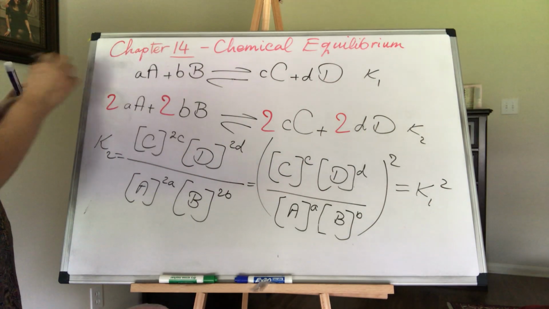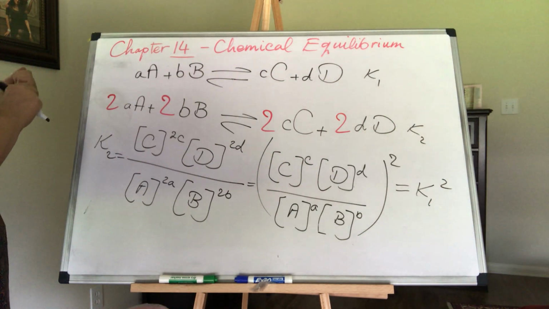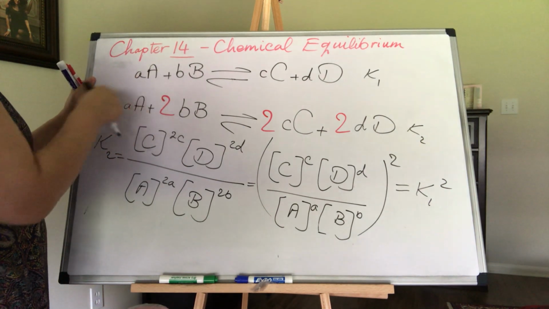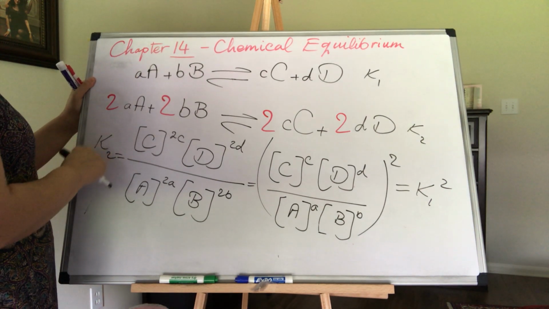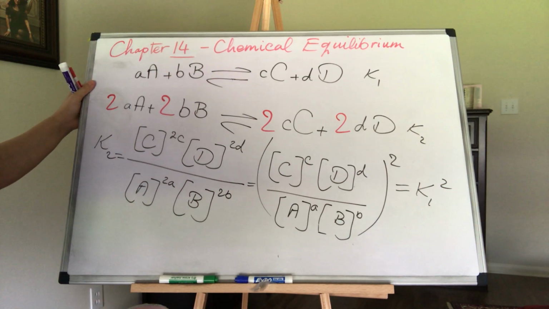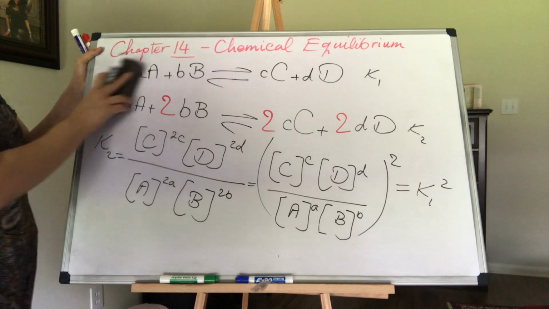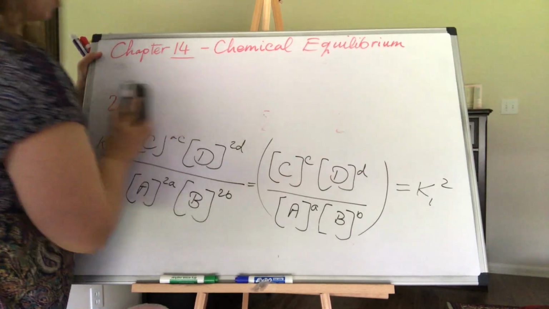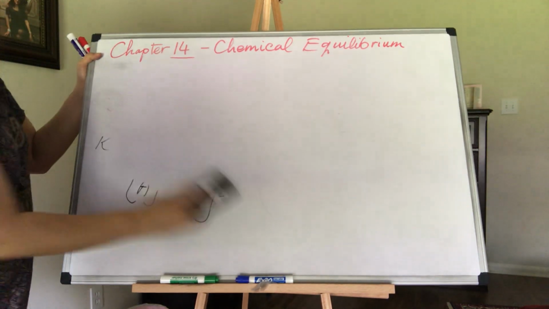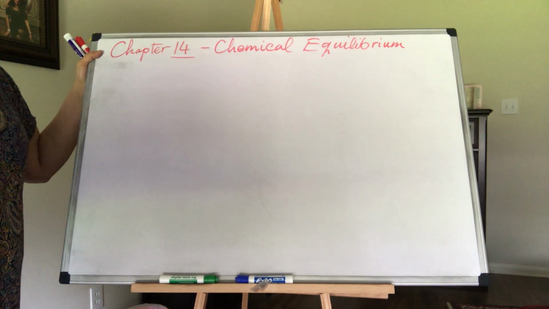So basically, whenever you multiply an equation by a factor, the equilibrium constant will go to the power of that factor. Okay? And finally, at the end of this video, how to change Kc, how to go from concentrations to pressures.